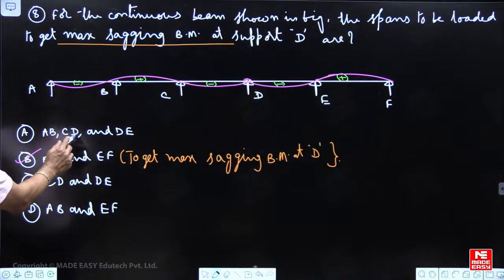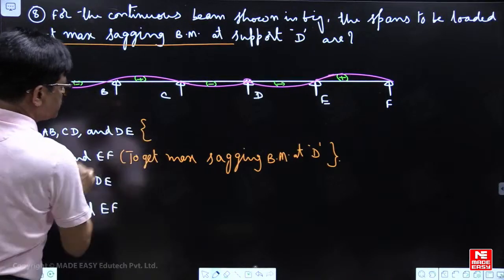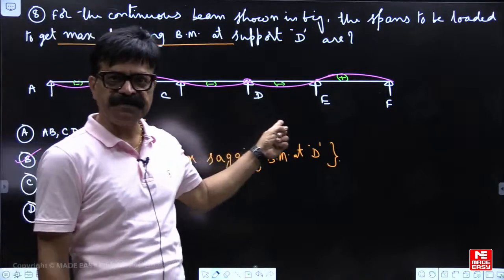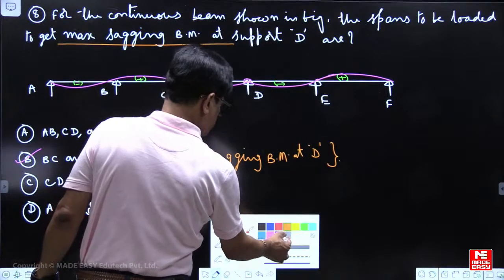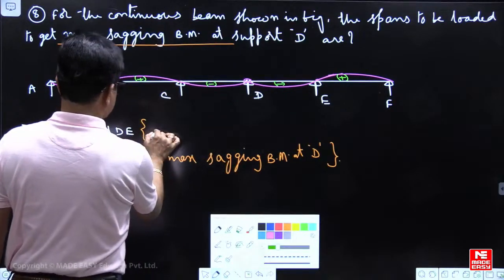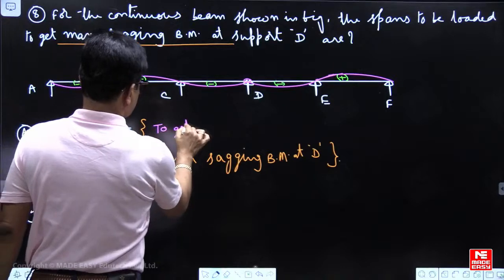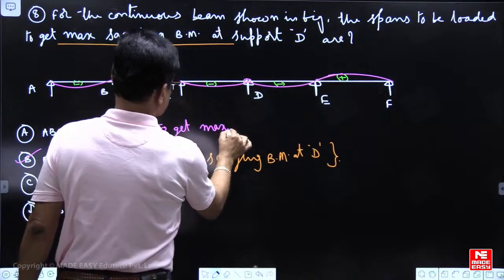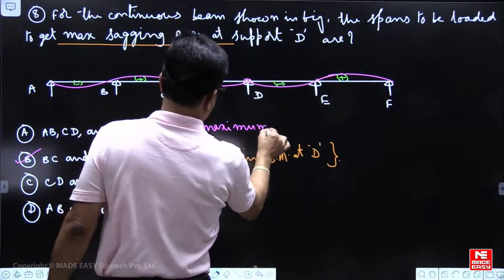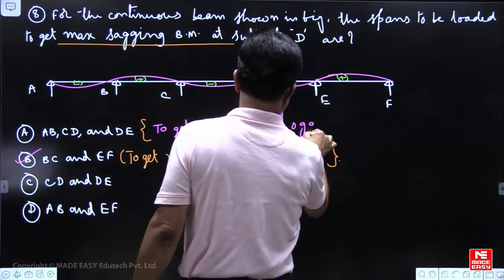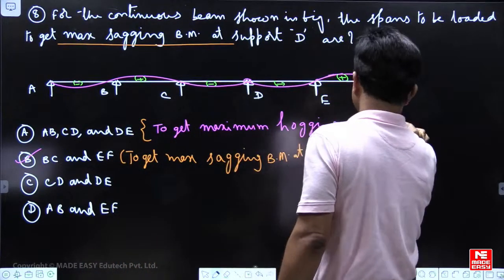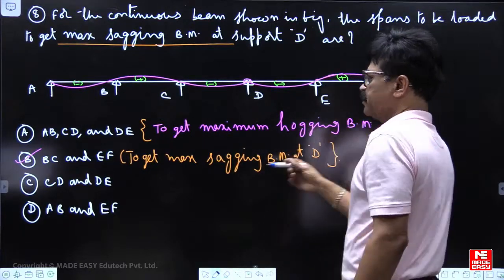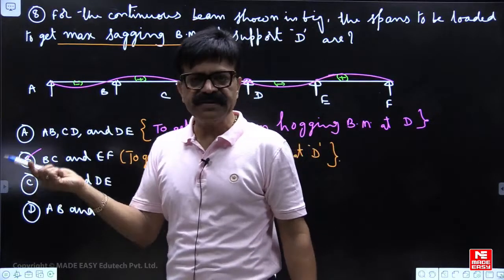If you load these, you will get maximum hogging bending moment at D. So the question can be hogging bending moment or sagging bending moment.